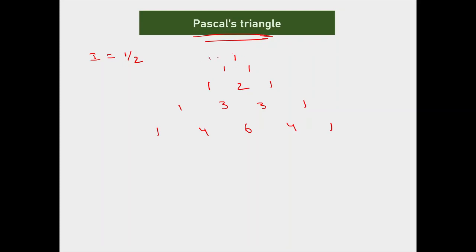If we consider the neighbors as 0, then the addition of these two will give this, and the addition of these two will give this. Again 1 plus 1 is 2, and the ends will be 1. Again 1, 1 plus 2 is 3, 2 plus 1 again 3, then 1.